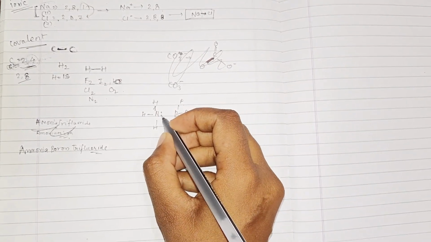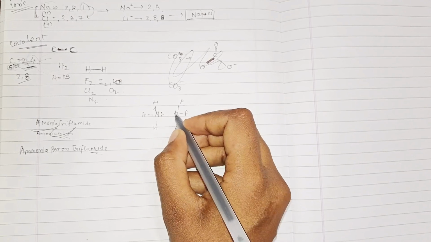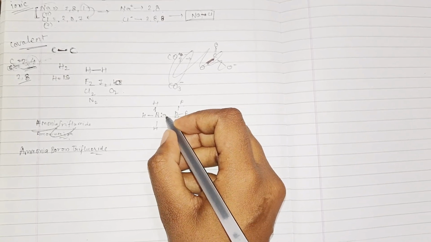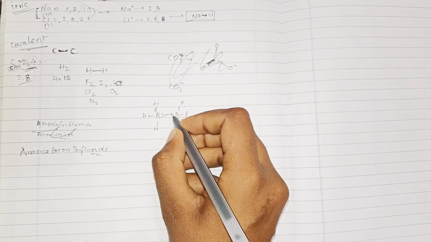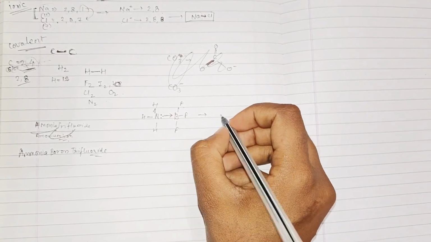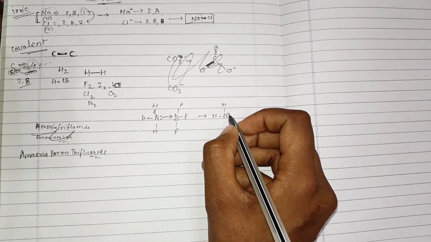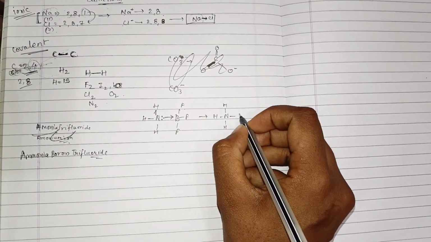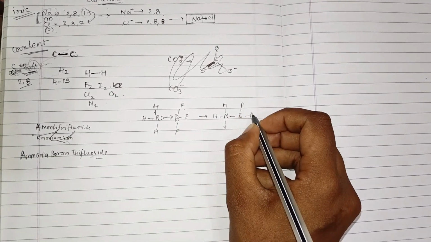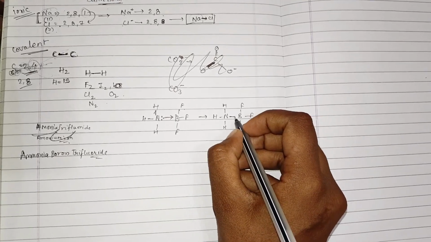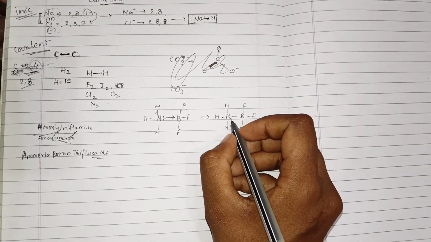So nitrogen gives its two electrons and boron does not have any, so the bond is formed. In this bond, both electrons are given by nitrogen.